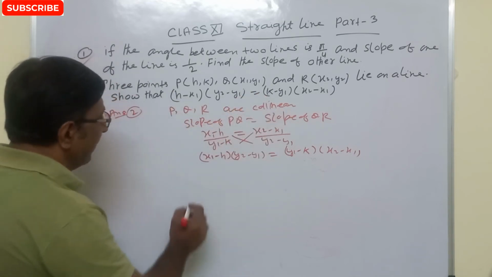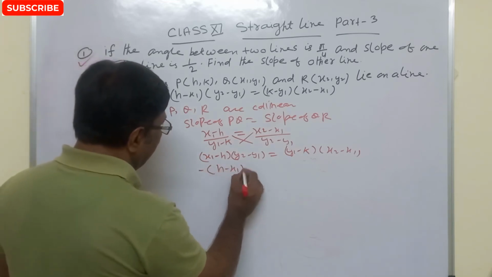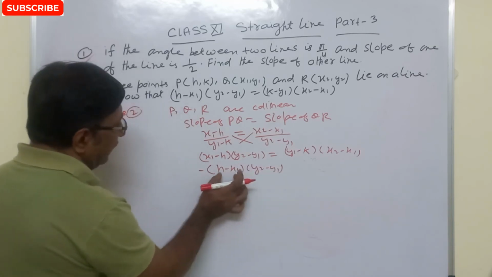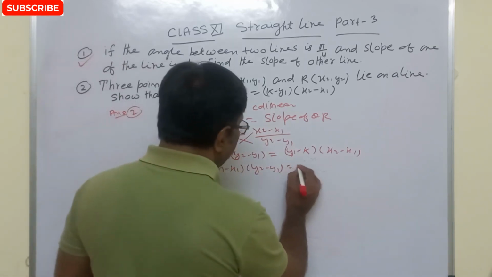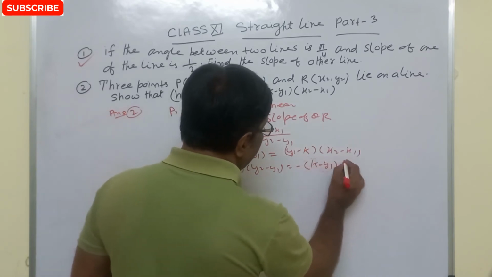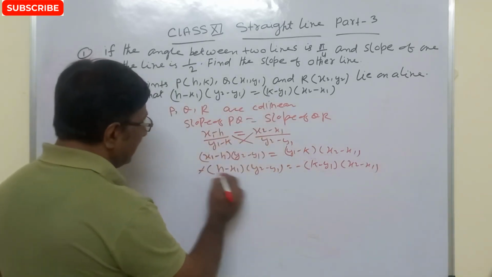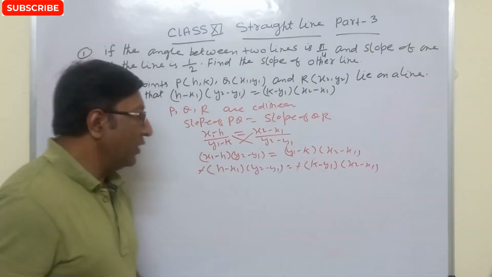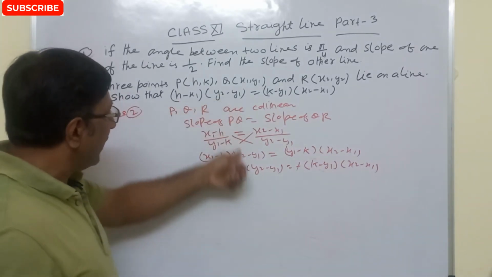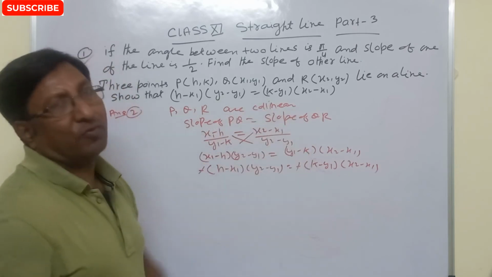If we take minus common, we get h minus x1 into y2 minus y1, equal to, again taking minus common, k minus y1 into x2 minus x1, and this minus and this minus cancel out. What we get? Same thing: h minus x1 into y2 minus y1 equal to k minus y1 into x2 minus x1.